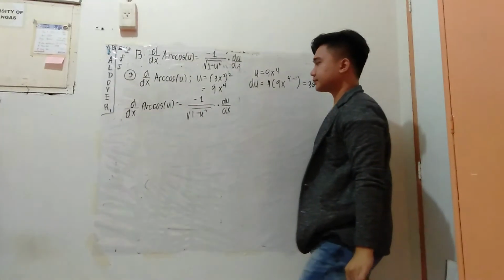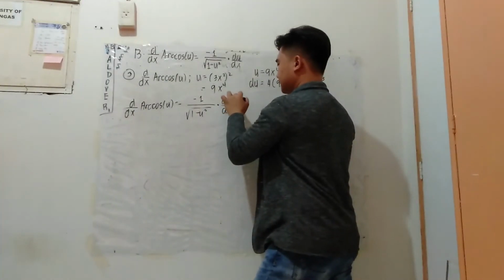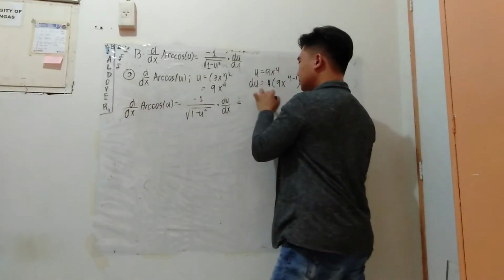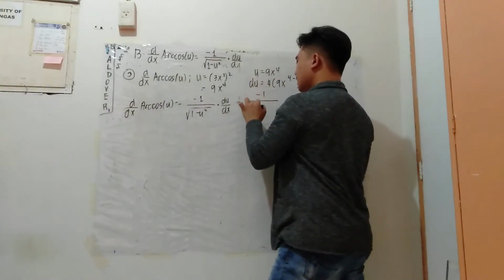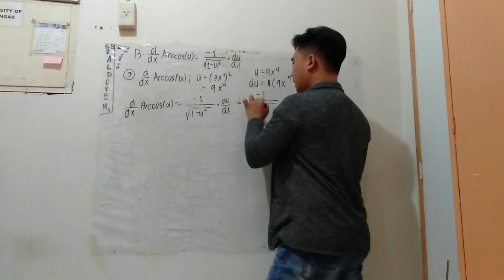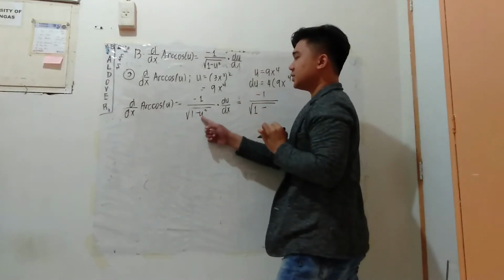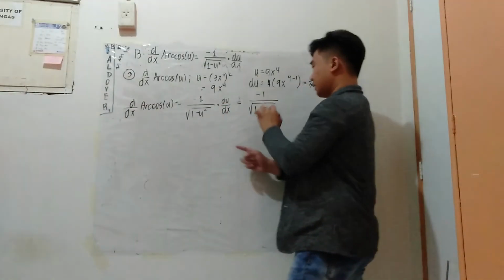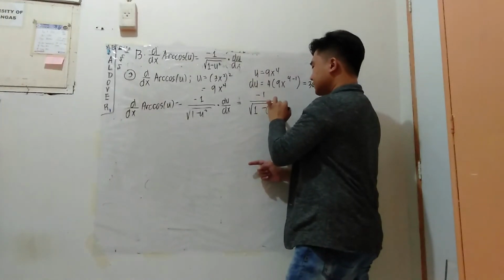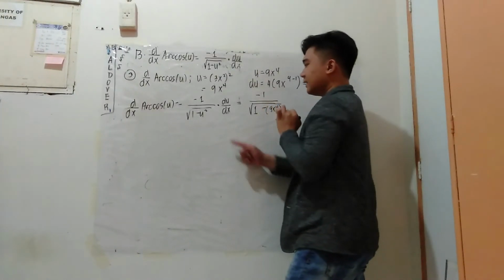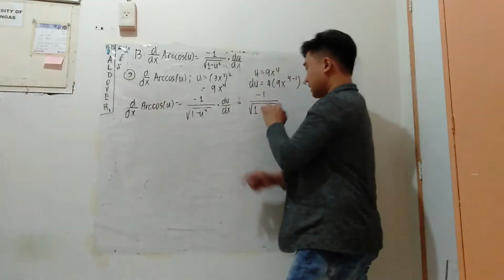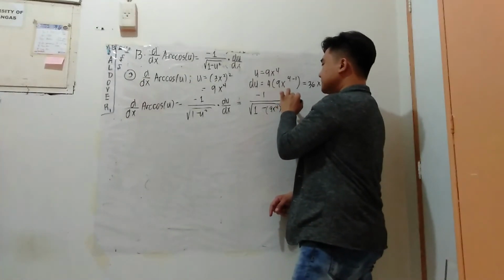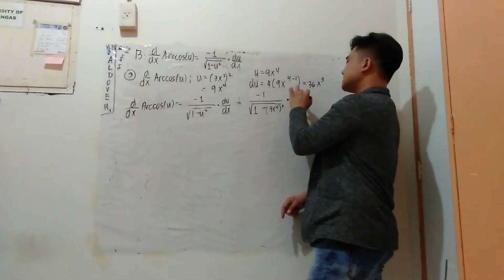Okay? So, that is equal to negative 1 all over square root of 1 minus, what is u? 9x raised to 4, but don't forget that the u, naka-square pa siya, times du, which is 36x cubed.